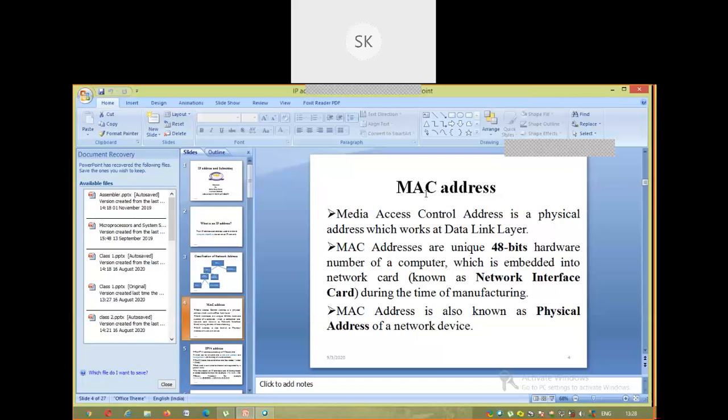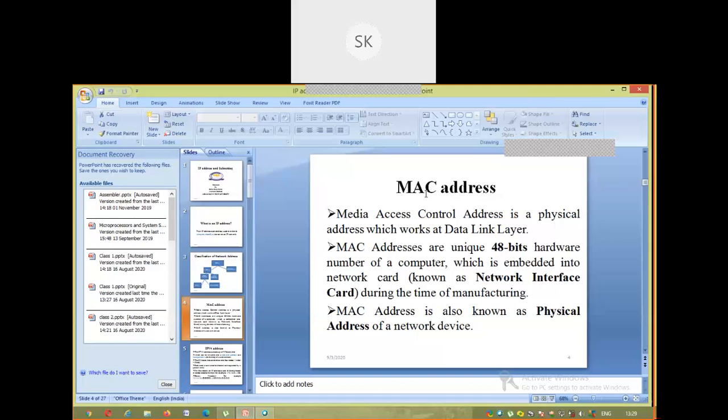Every computer and every laptop has a NIC card, a network interface card, and each and every network interface card has an address, written on the network card itself, in the form of a hexadecimal number. As you know, there are four types of number systems: decimal, octal, hexadecimal, and binary.